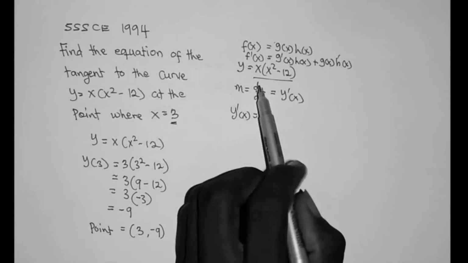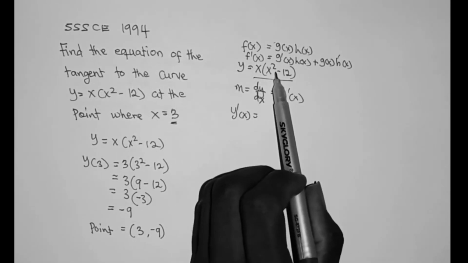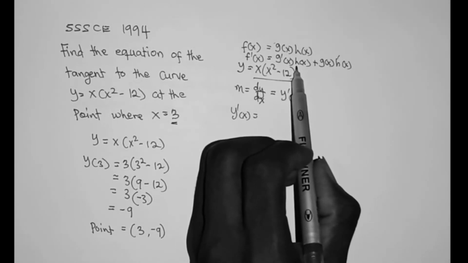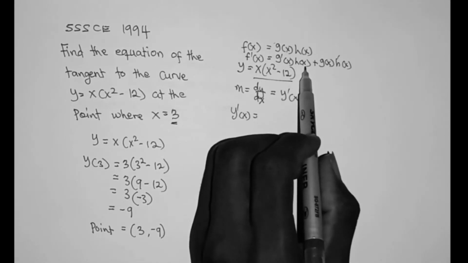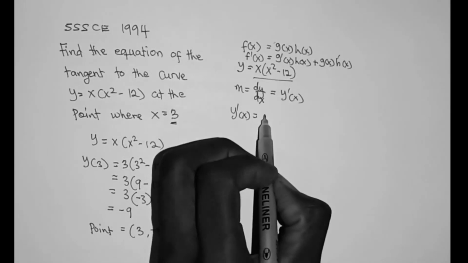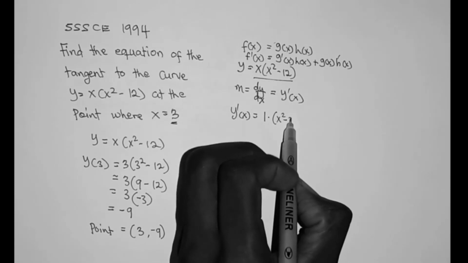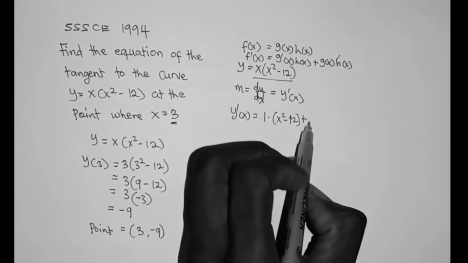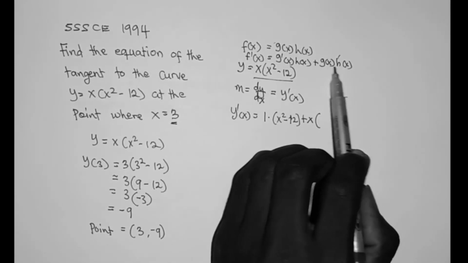So let's do that. In this case, g of x is x and h of x is (x squared minus 12). For the first part, differentiate g of x: if you differentiate x, you get 1, and maintain h of x, so 1 times (x squared minus 12) gives x squared minus 12, plus maintain g of x, which is x, multiplied by h prime of x.